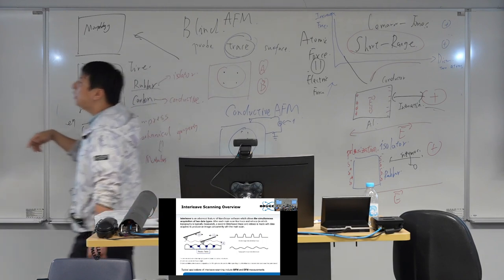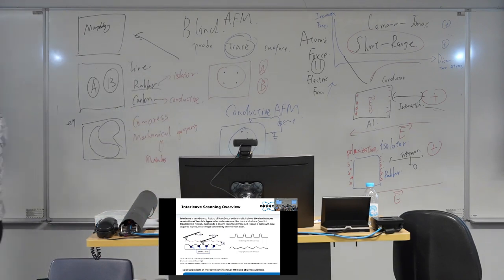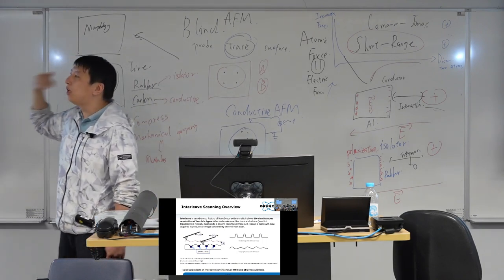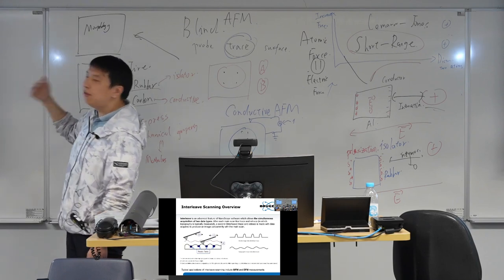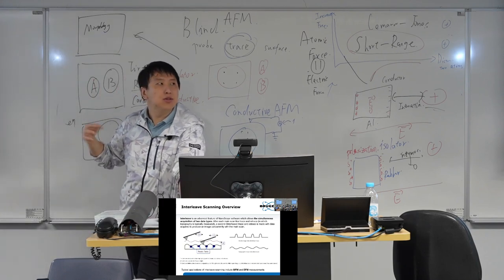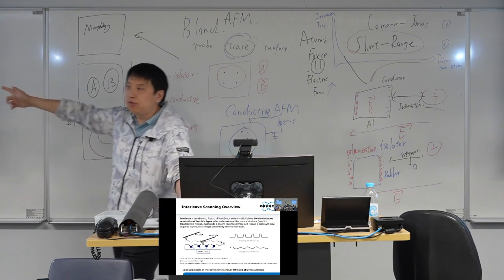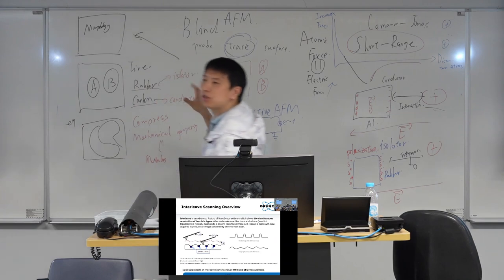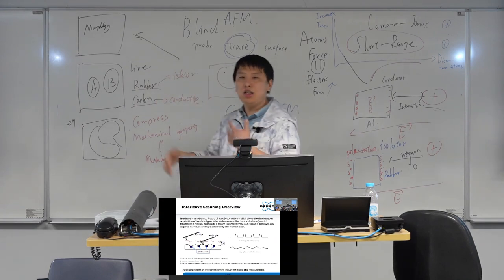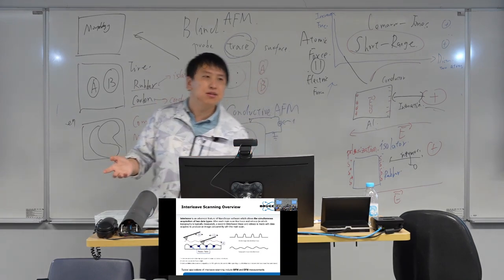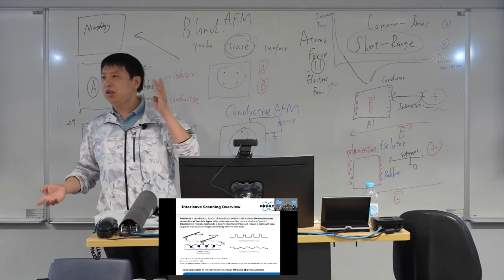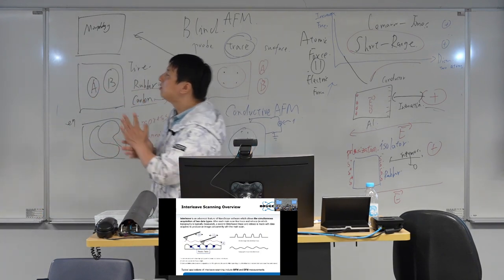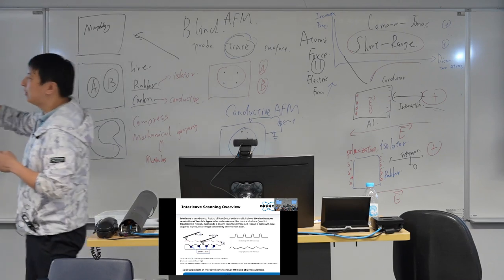And then we let the tip scan on top of the surface. If at that time we can still sense some force, this force will definitely be some long-range interaction force. This long-range interaction force can be many things: magnetic field, electric field.